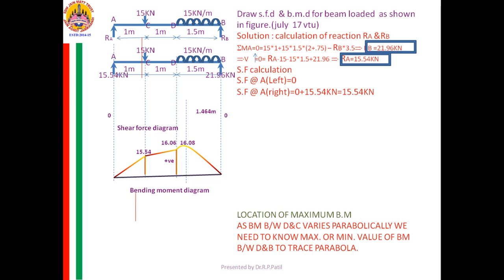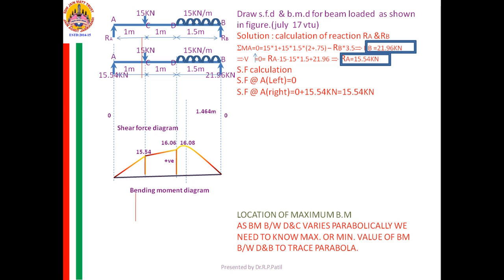Yes, SF I want at left of C. So already till the right of A, I know the SF. Just see the figure, any additional load is there between the right of A and left of C. No additional load means no change in shear force. No additional load, so I will contribute 0 to it.